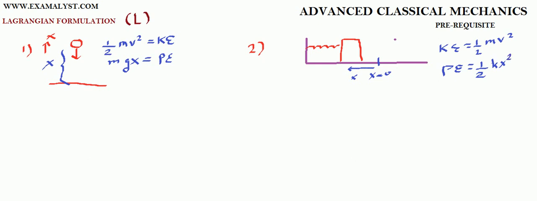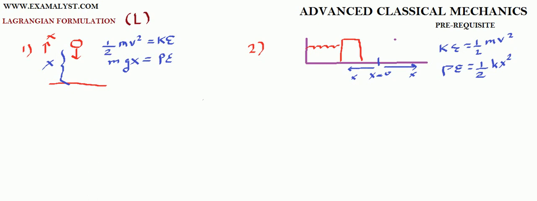If you push the mass towards the right by distance x, you stretch the spring. If you push the object left by distance x, you compress it. In any case, potential energy will be stored.